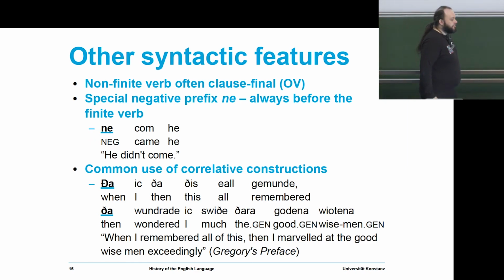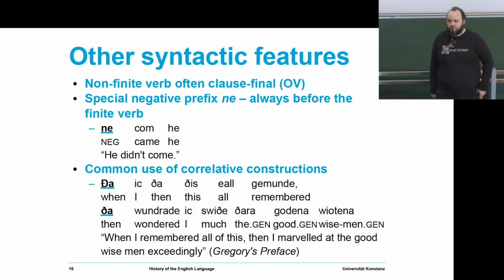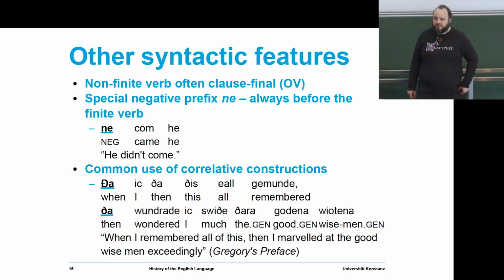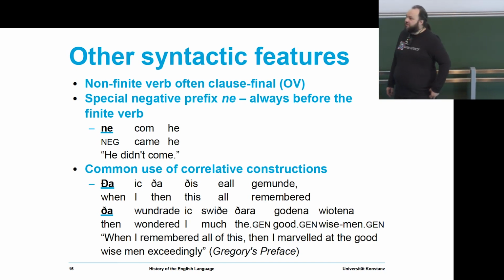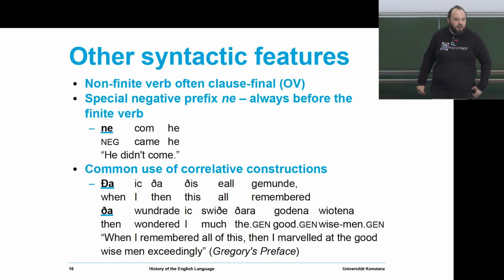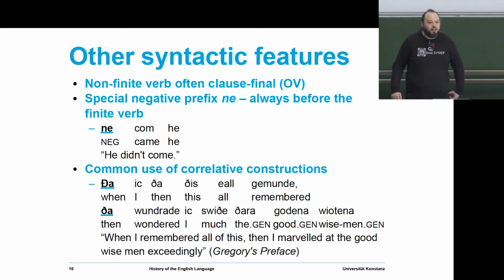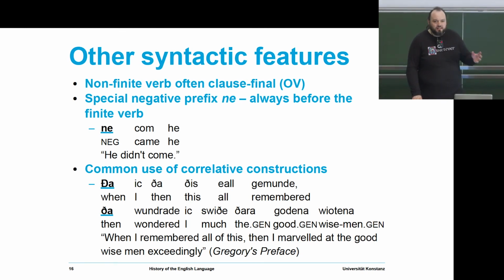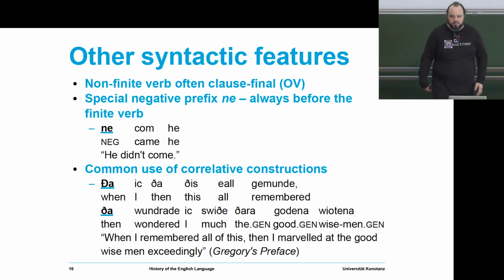And the answer is, obviously, we don't know, because we don't know what Old English speech was really like. But there are languages that use a structure like this in speech on a fairly regular basis. So the idea that it's completely artificial, it's probably not completely artificial, but it might be the kind of thing that people did use more in writing than in speech.